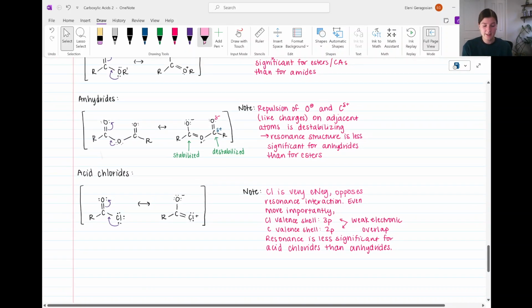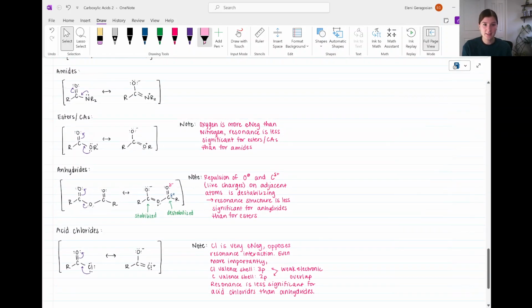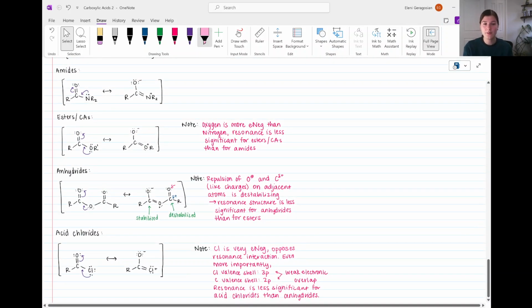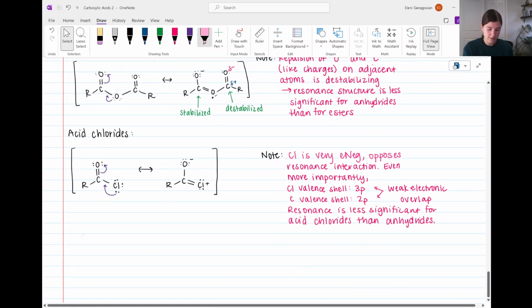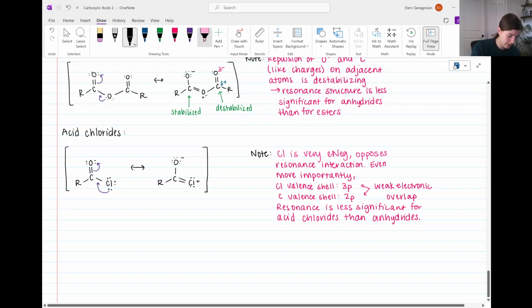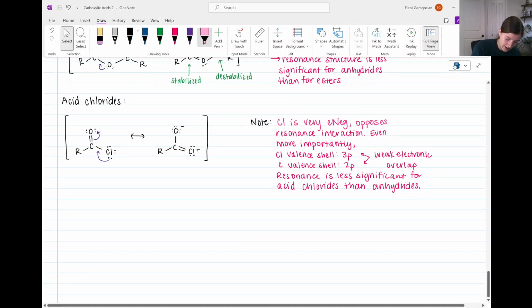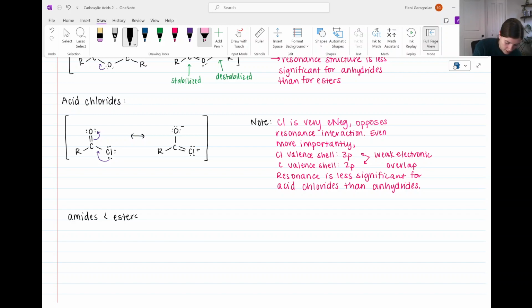Okay, so we've considered the resonance effect of all four of these different types of acyl groups. And so we can use this to explain that trend in reactivity. So we stated the trend in reactivity in the first video for today, where amides are less reactive than esters/carboxylic acids. I will say these were approximately equal.